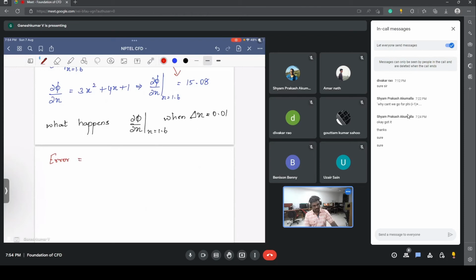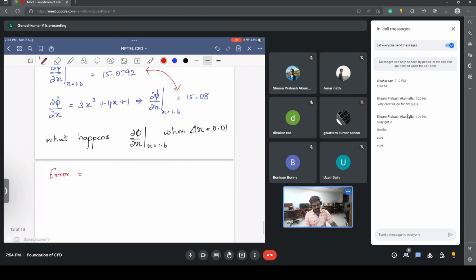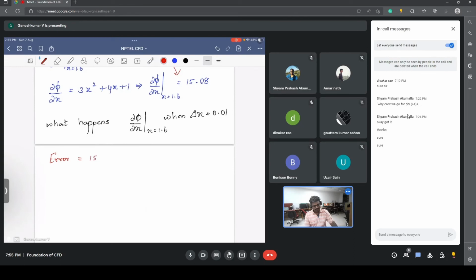The error is going to be 15.0792 minus 15.08 for delta x equal to 0.02. Similarly, you find the error for delta x equal to 0.01, and you compare these two errors. You will end up getting the error will be one fourth of the previous error.